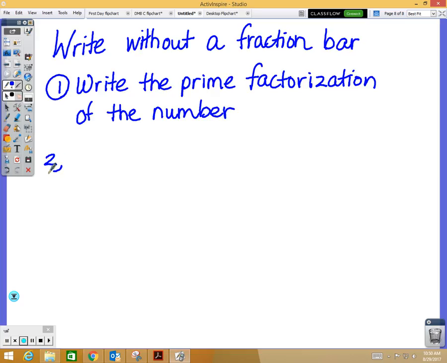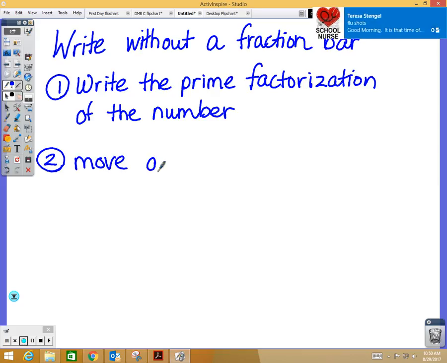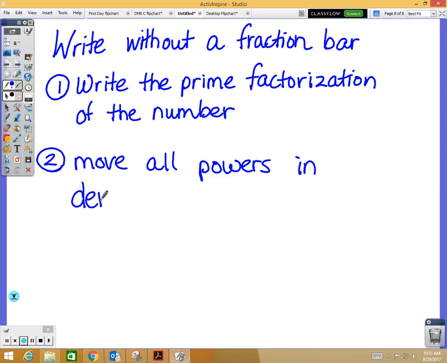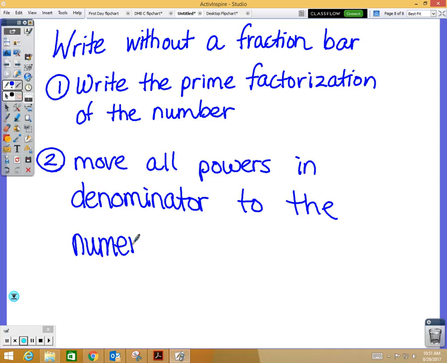Then, any powers that you have in the denominator, you're going to move them to the numerator, and the exponent is going to change to negative. Move all powers in the denominator to the numerator, and change the sign of the exponent.